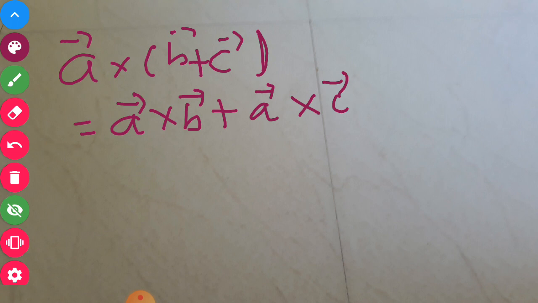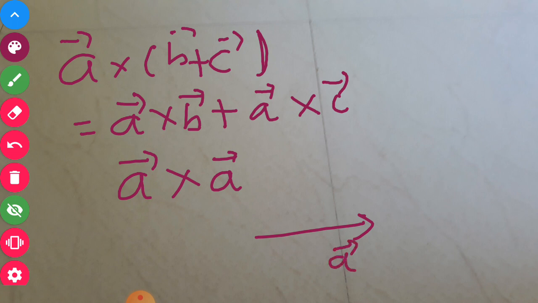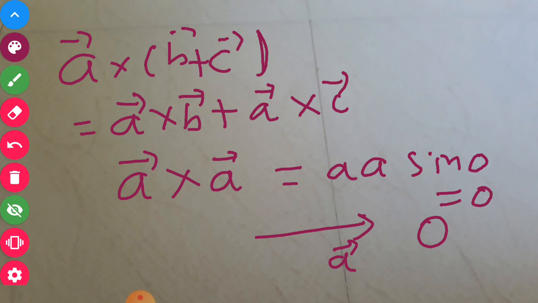Now if you have A cross A, the same vector multiplied with itself, what is the angle of vector A with itself? The angle will be 0, so it can be written as AA sine 0. Sine 0 is 0, so A cross A will be equal to 0. So if a vector is multiplied with itself in a vector product, it results in 0.